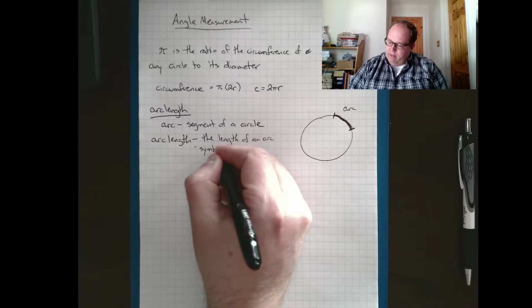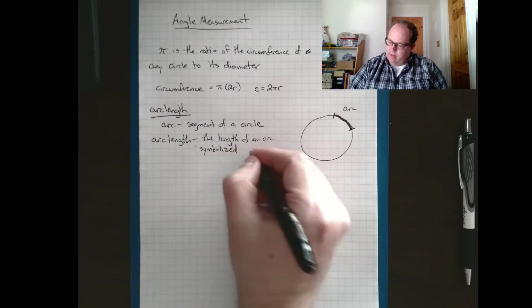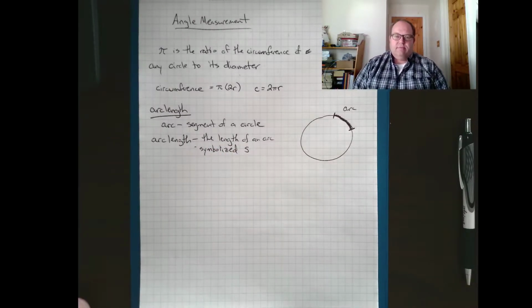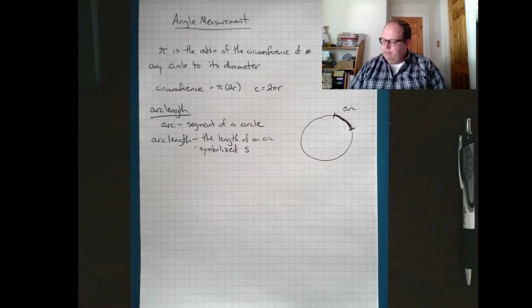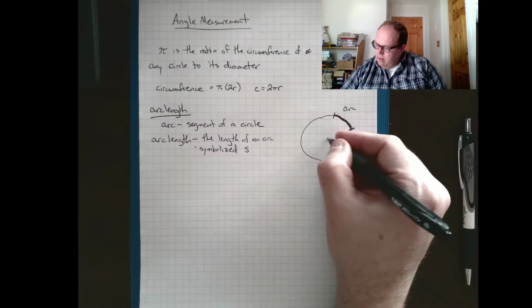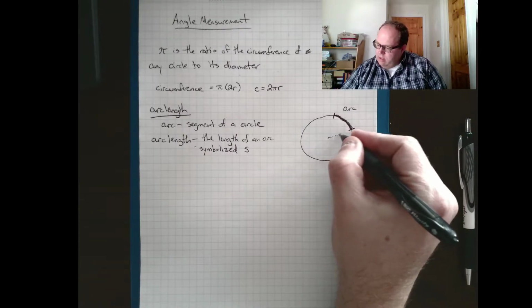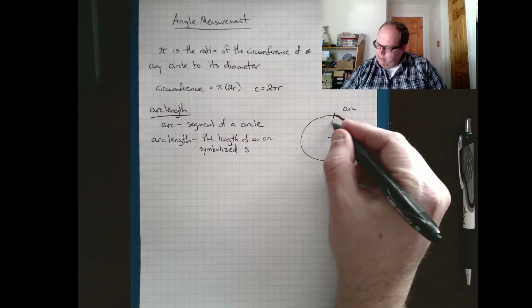And we often symbolize arc length with an S. I don't know why. So, what makes up the length of an arc? So let's say I show it in this form.